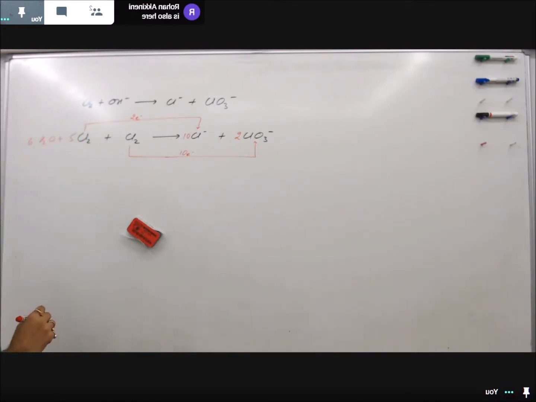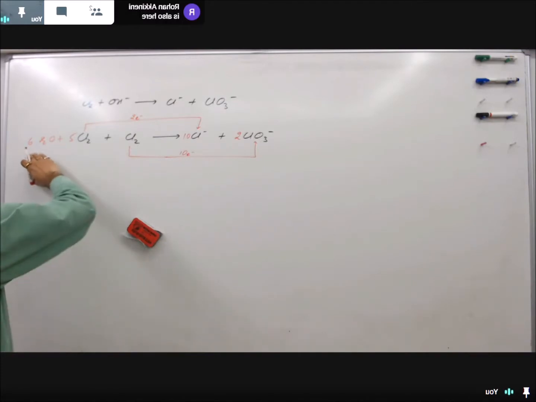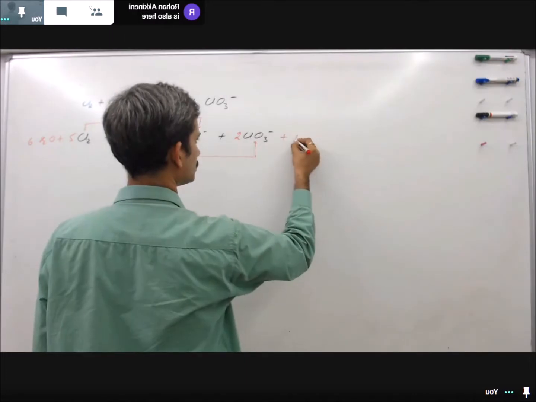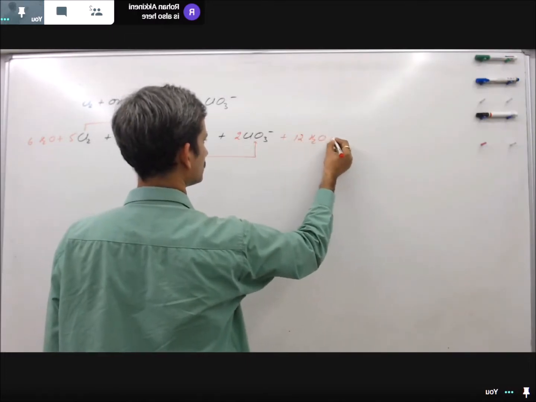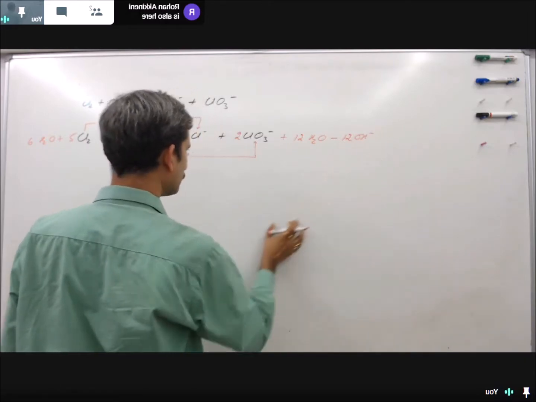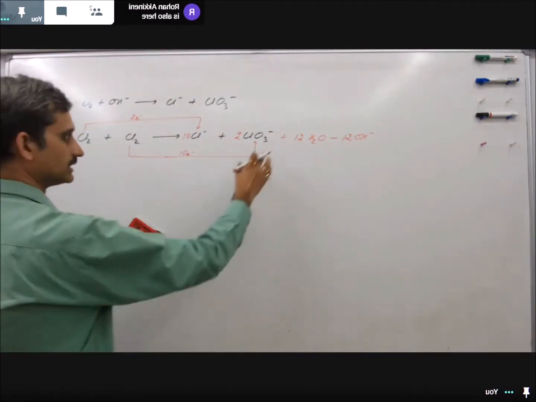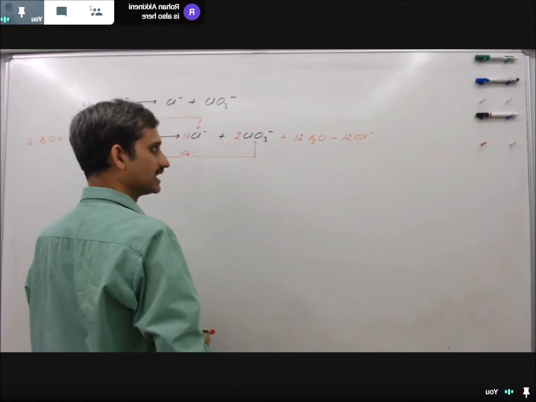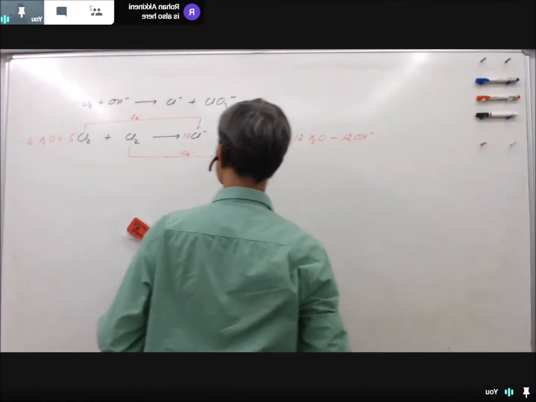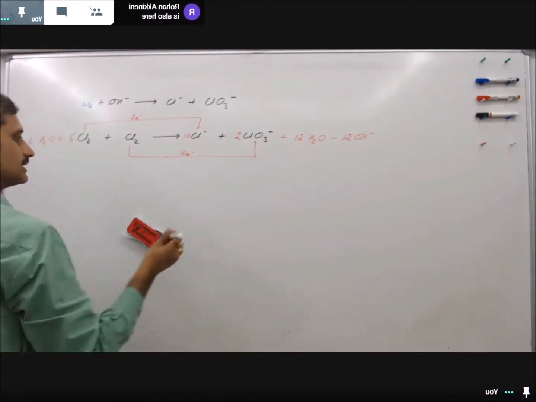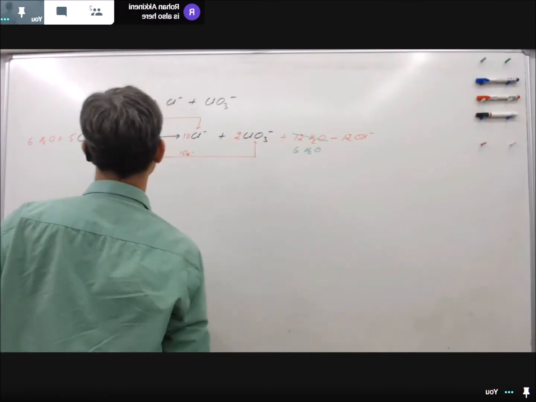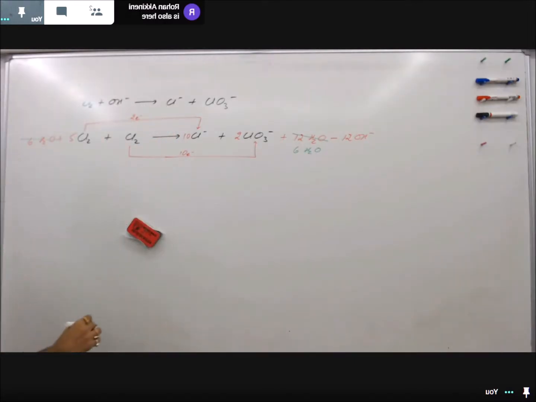Now to balance hydrogen, how many hydrogens here? 12. And here I need to put 12 OH minus. This 12 OH minus I can take out here, and this 12 H2O I can cancel out and make it 6 H2O.